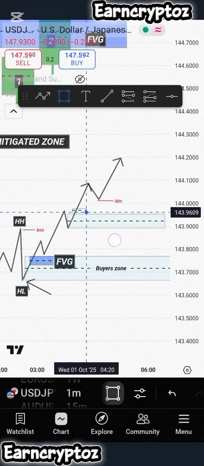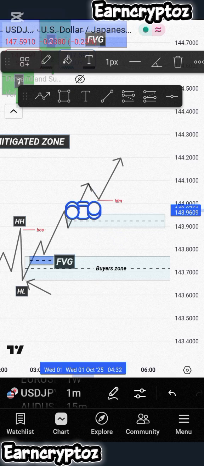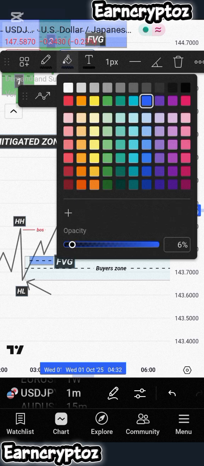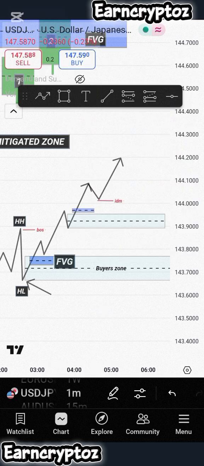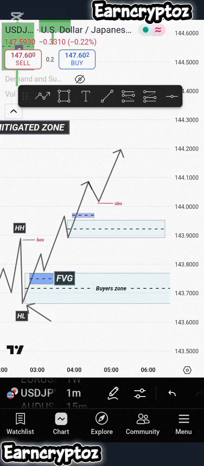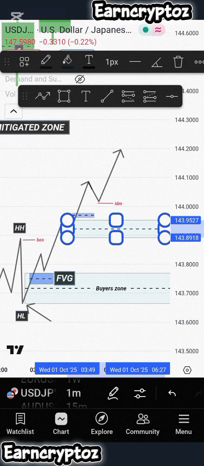So I'm going to put the two conditions. So let's say that is a fair value gap. Okay, so if we have a fair value gap and we have breakup structure, so this zone is also a POI that we can look to take price from.